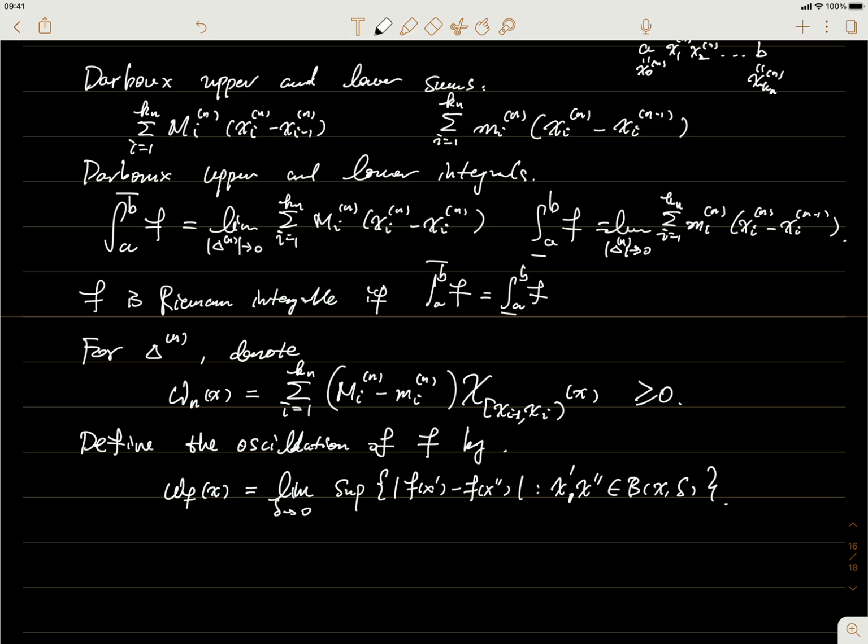For every fixed positive number delta, I look at the ball centered at x with radius delta, which is just the interval from x minus delta to x plus delta, since we are considering the 1D case.